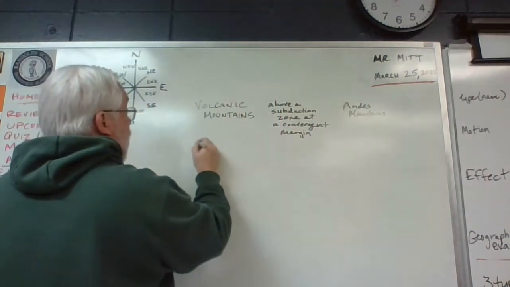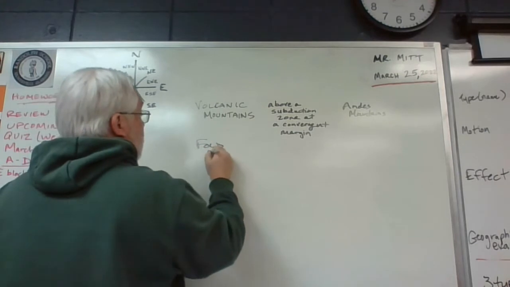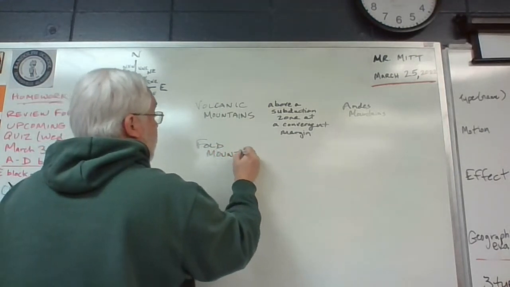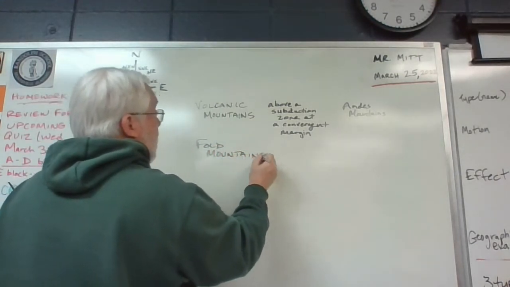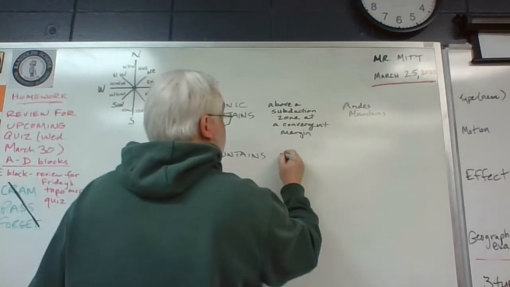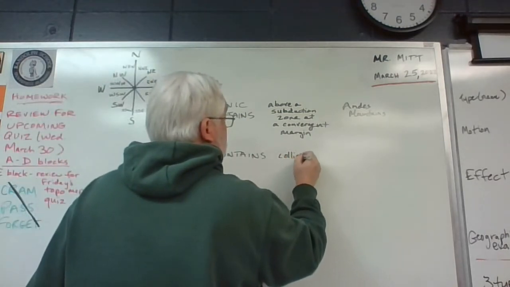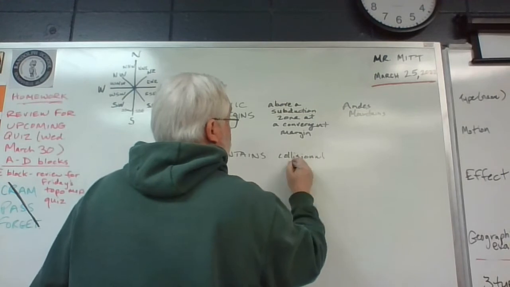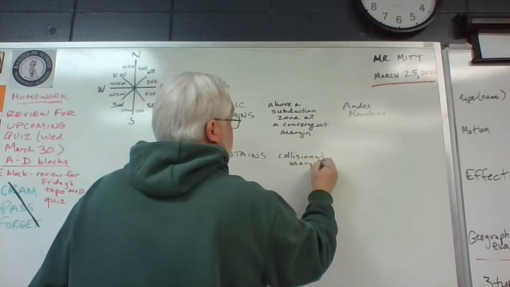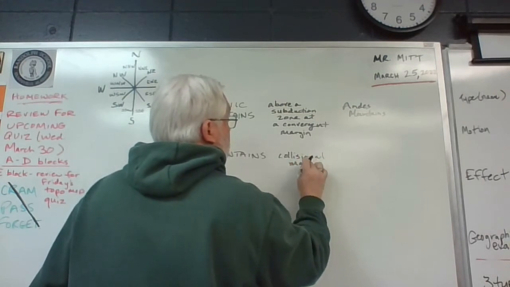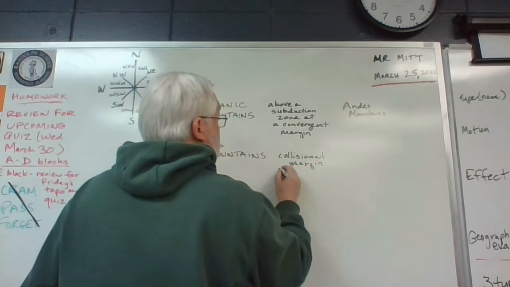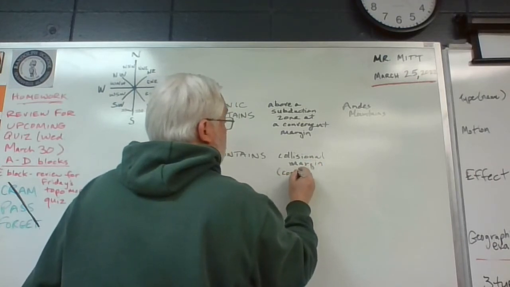We also mentioned fold mountains, a fold mountain belt. And this happens where we have a collisional margin. And again, just remember, this is continental.